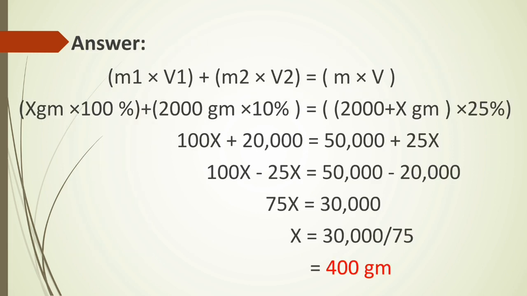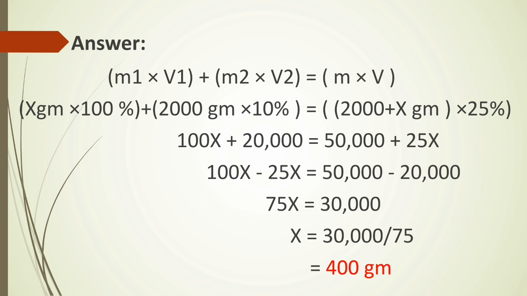Once again, M1V1 plus M2V2 is equal to M into V. We don't know the quantity of substance X, so M1 will be X, and V1 is pure, so it's 100%. So X gram into 100% plus 2000 gram of 10%, that is the second mixture.